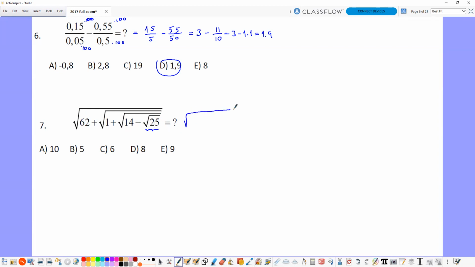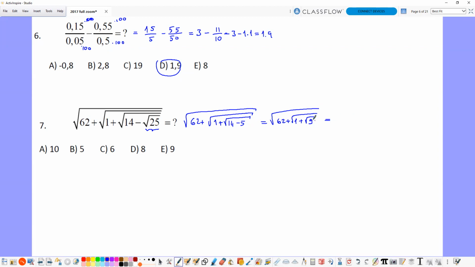So root 62 plus root 1 plus root 14 minus the square root of 25, which is 5. Here the order also should be like this: root 62 plus root 1 plus 14 minus 5, it's going to be equal to root 9. What is root 9? It is 3.